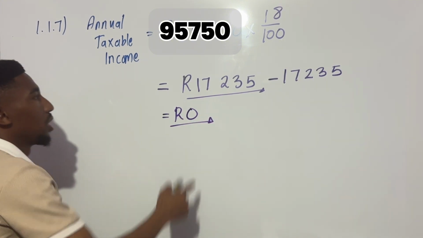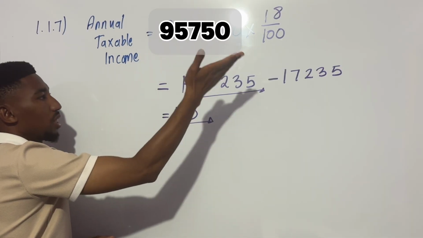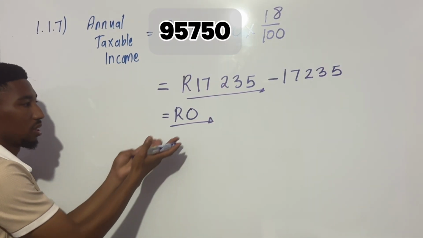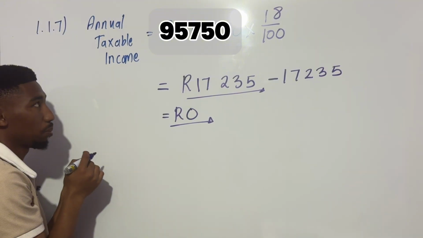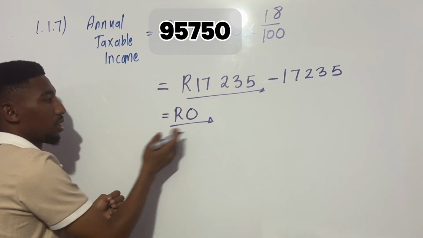That is how we know that this threshold is correct, because we applied it into the tax bracket, we applied the tax rebate, and we saw the amount of tax that this person has to pay, so that means this threshold is correct.